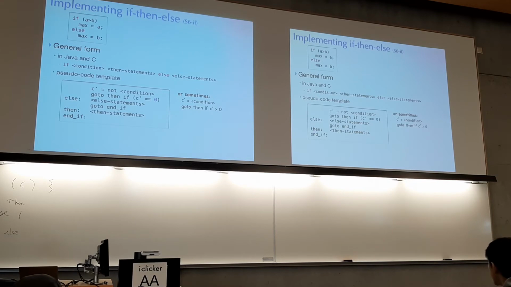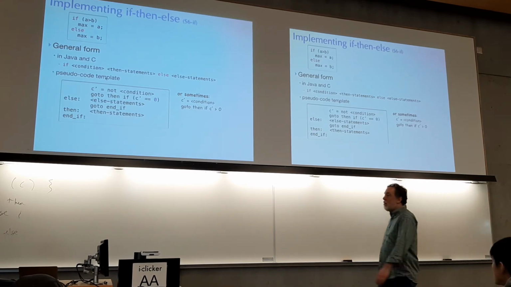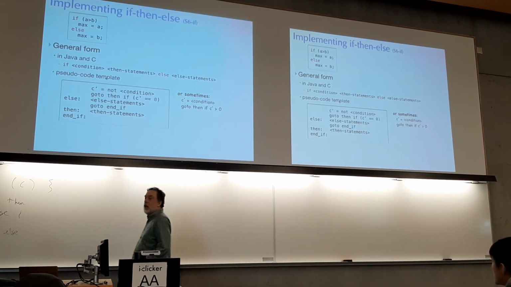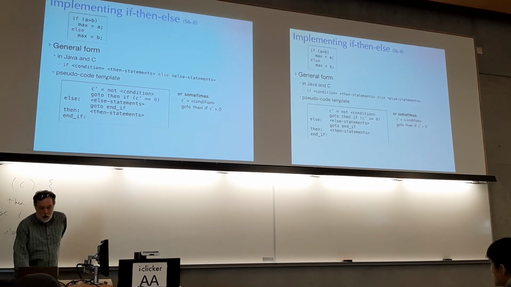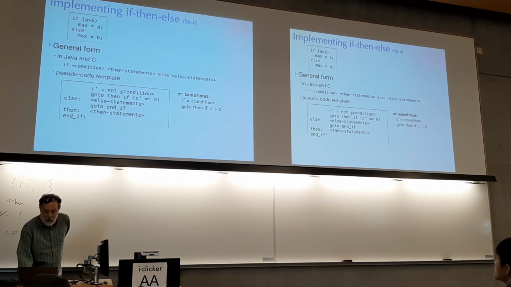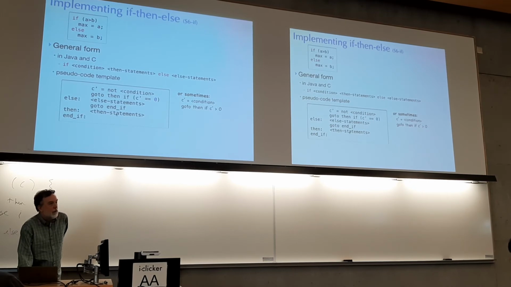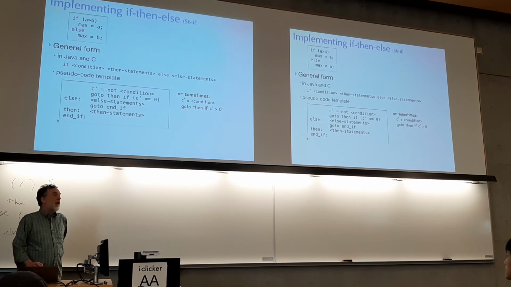Yeah, exactly. It's simply that if you count the number of instructions that execute in both cases, you'll get different numbers. In the then case, I would execute this instruction, 1, and then this one, 2, and then this one, 3. But in the else case, I have to do one extra one. I do this one, this one, this one, that's 3, plus I have to do this one to skip over the then case.